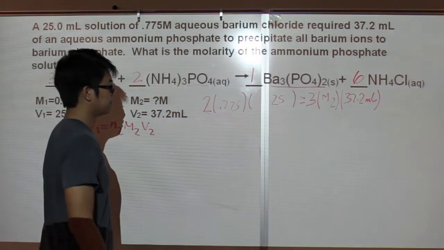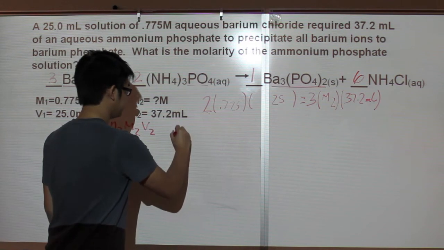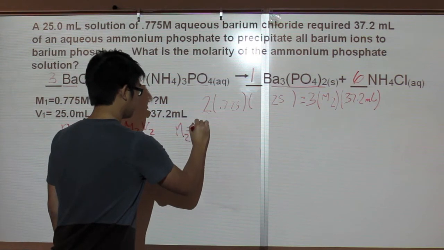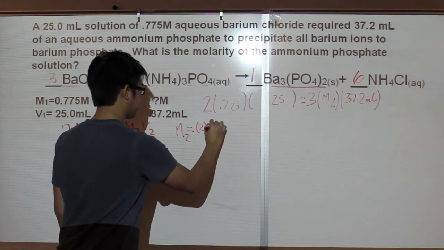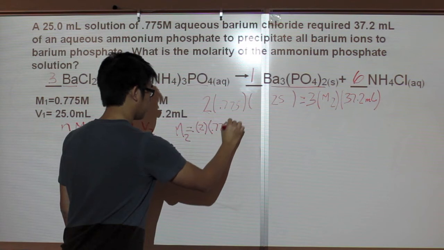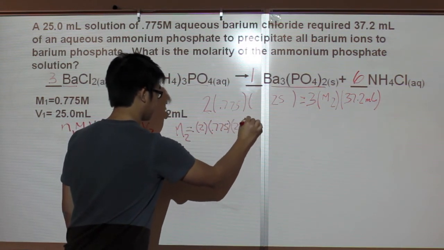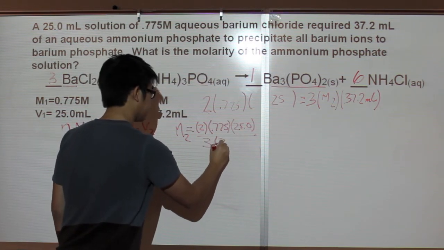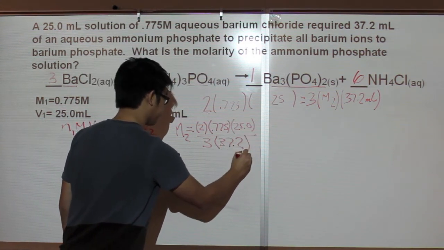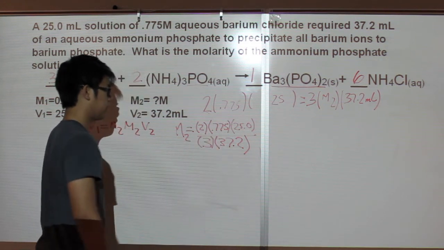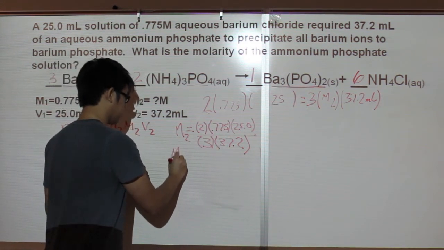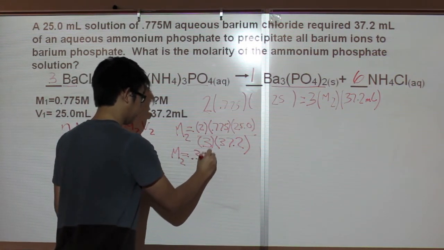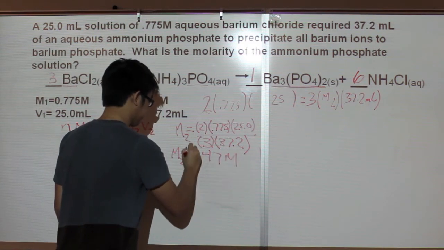So what we want to do here is take M2 equals 2 times 0.775 times 25 divided by 3 times 37.2. And this gives us 0.347 molar.